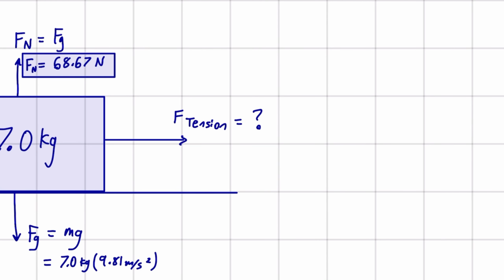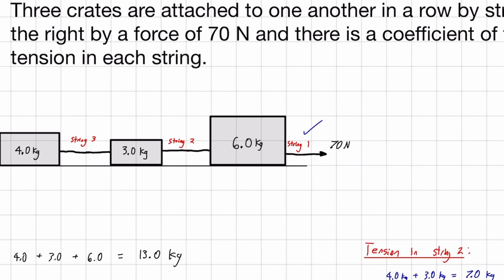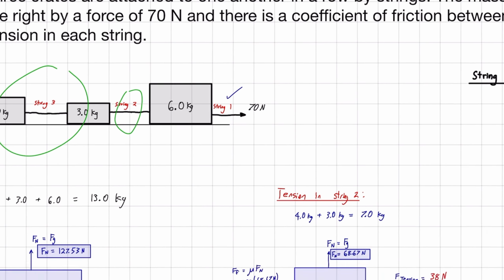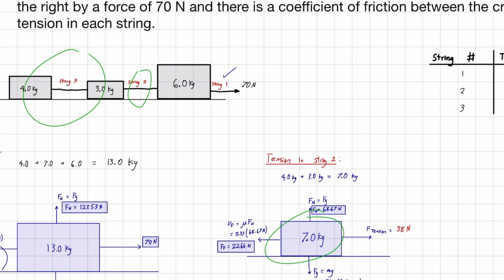So this force of tension here is equal to 38 newtons. That's this string here, 38 newtons, because we looked at these two blocks as one. And then that is our tension.